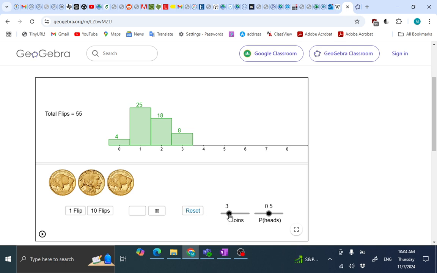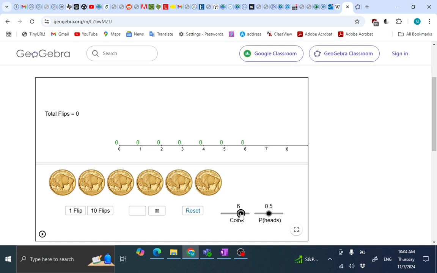Sometimes perhaps you want to have more coins. Maybe I start with, say, 6 coins here, and it resets it for me. And let's just do it quickly.